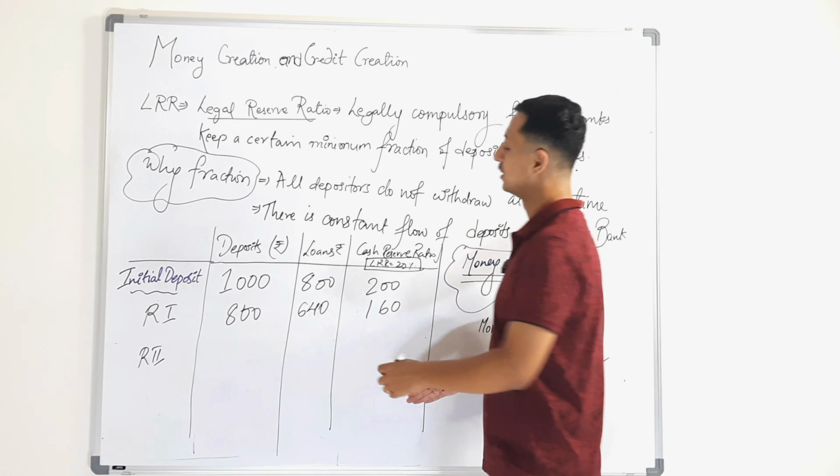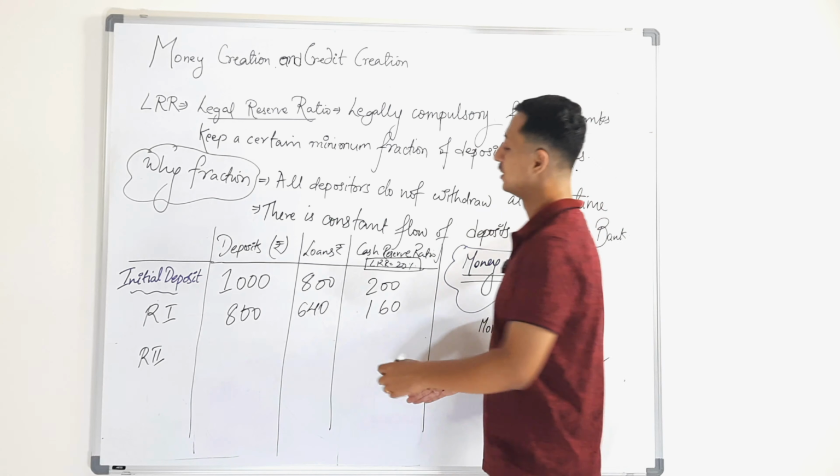It continues until the cash reserve ratio becomes equal to 1000, the initial deposit. Okay, so this process continues until the cash reserve becomes equal to 1000, that is the initial deposit.